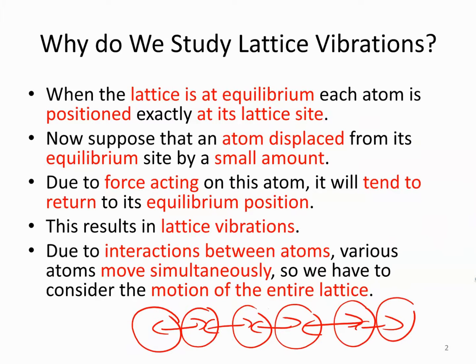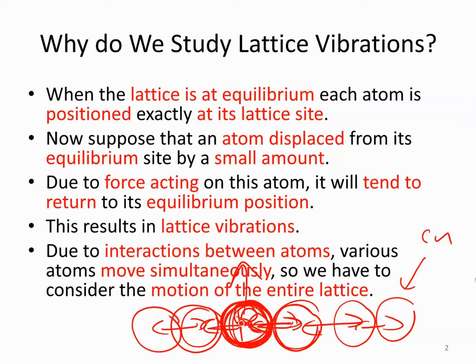For example, if you look at copper, Cu, copper bonds with another copper with metallic bonding. So when this atom, let's say atom R, is trying to move upward, then the nearest neighbor atom will try to pull it down to the original equilibrium position. Why? Because they have the bonding between them.